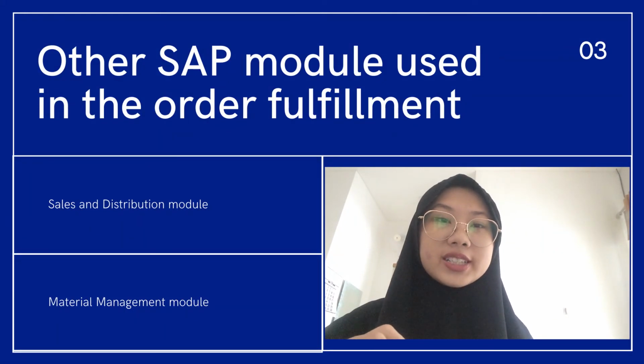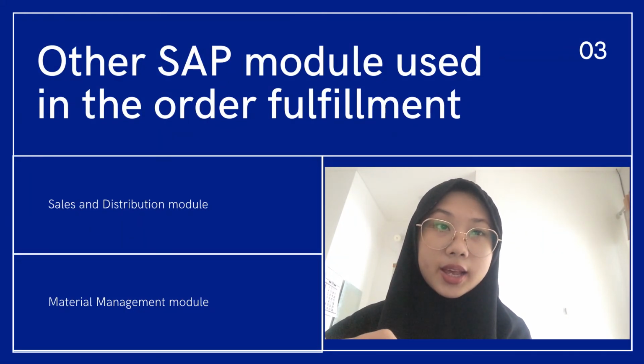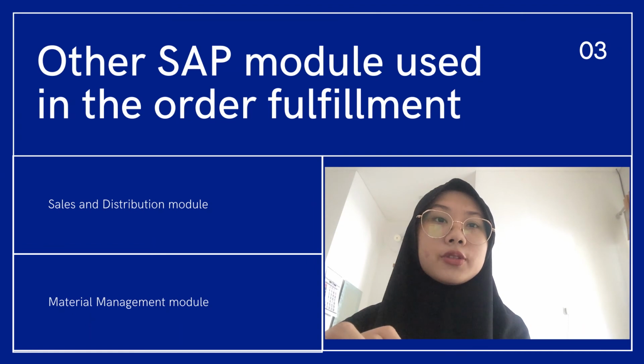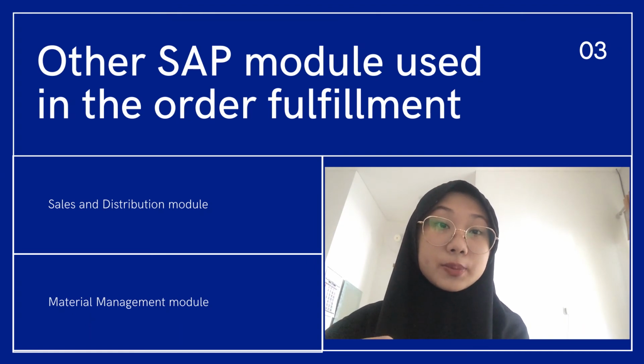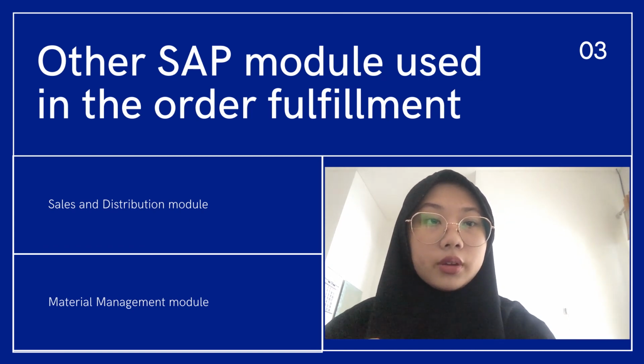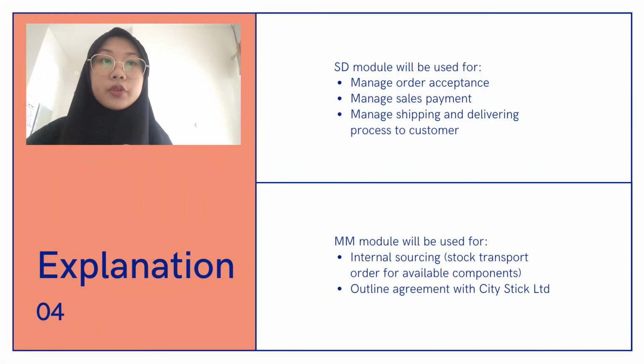Answering question number 3, as mentioned in the previous explanation of number 2, NeoDisc will also use the SD and MM modules. Now for question number 4, since the manufacturing is triggered by the sales acceptance, we need the SD module to manage the sales order and the payment from the customer.